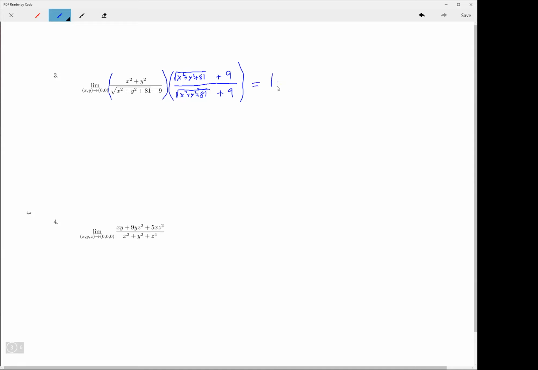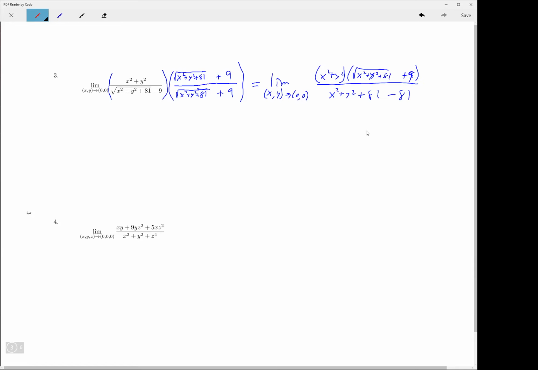Okay, so then what happens is the denominator becomes x squared plus y squared plus 81 minus 81, right? And the numerator is x squared plus y squared times all this plus 9.